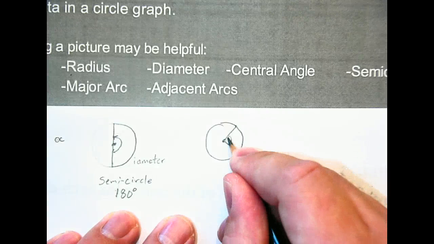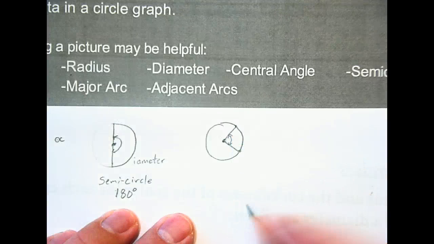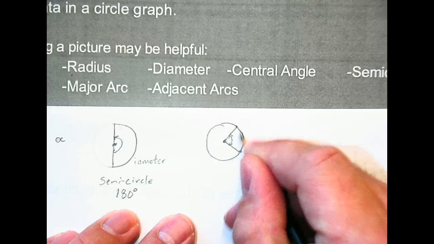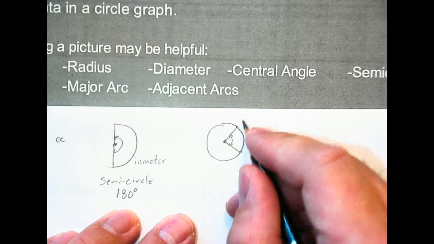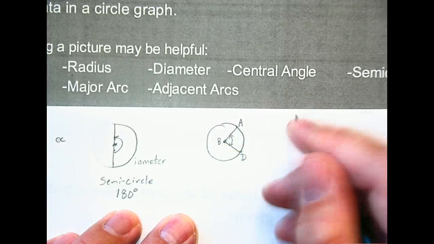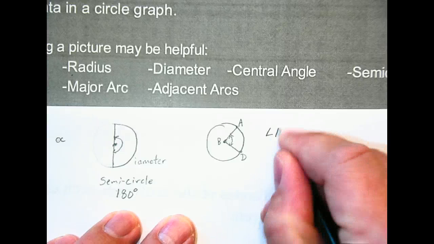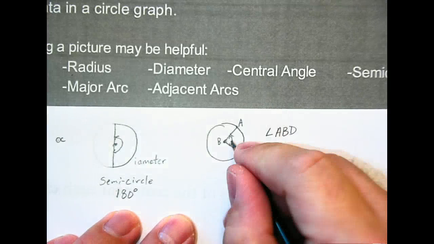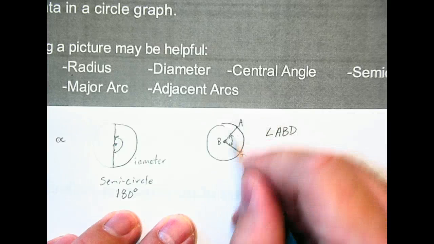Bless you, squared. It's a second power down there. Okay? And a central angle has the same measure as its corresponding arc, which we'll talk about here in a minute. But if I label this, say, like A, B, D, to be more creative, okay? If we call that angle ABD, that central angle, if this measure right here was 60, then the measure of the central angle would be 60 degrees.